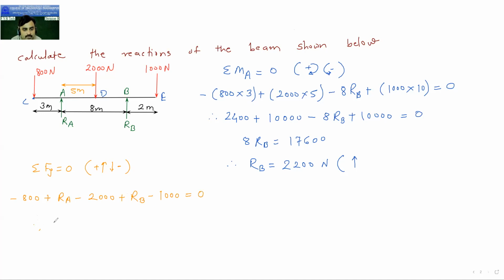So therefore, now put the value of Rb in the equation, you will get the value of Ra. Put this value of Rb in the equation. 1600 Newton.